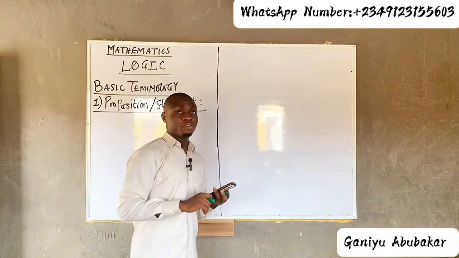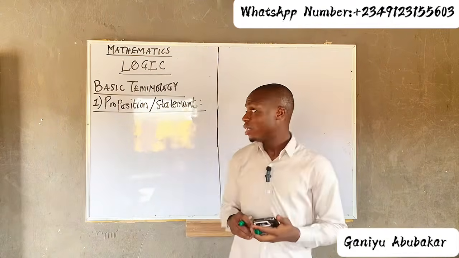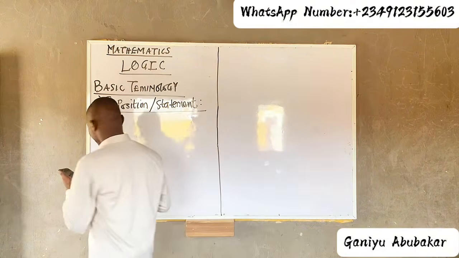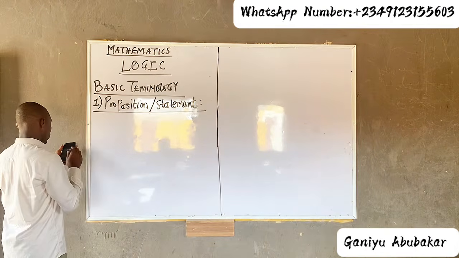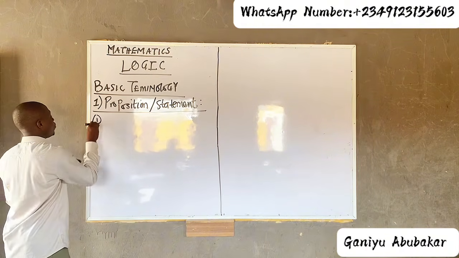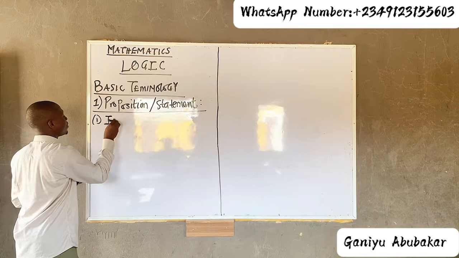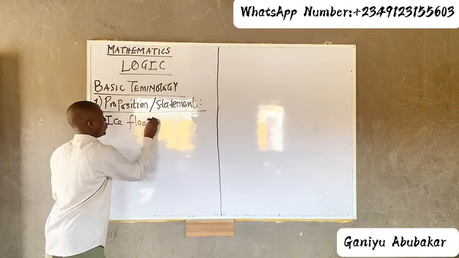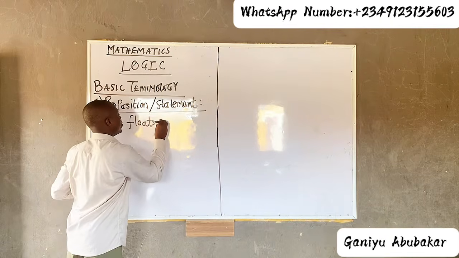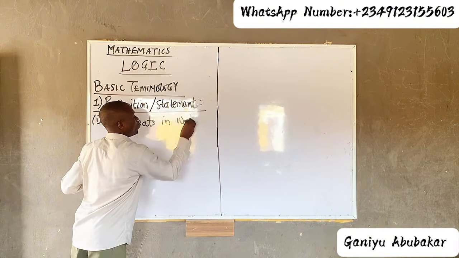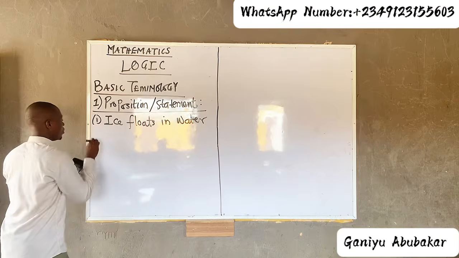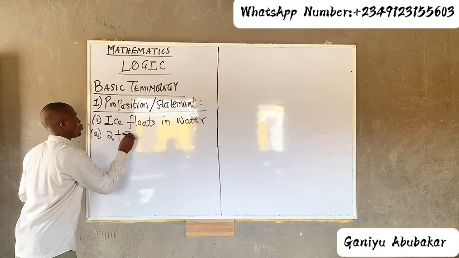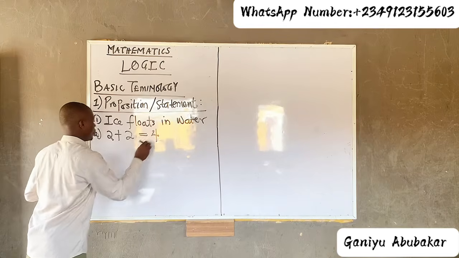Before I proceed with the second terminology, let me write out the examples I mentioned initially. Number one, ice floats in water. Number two, 2 plus 2 equals 4.